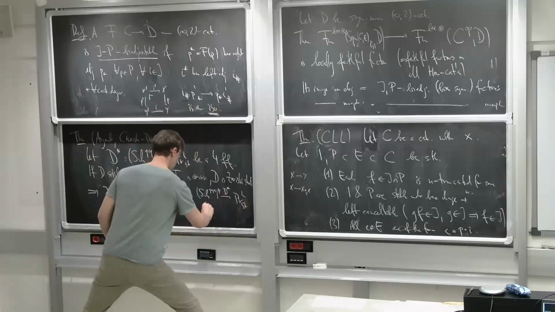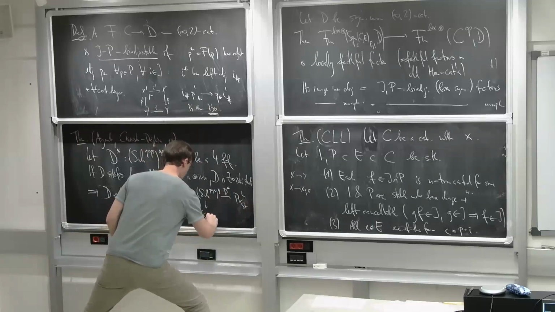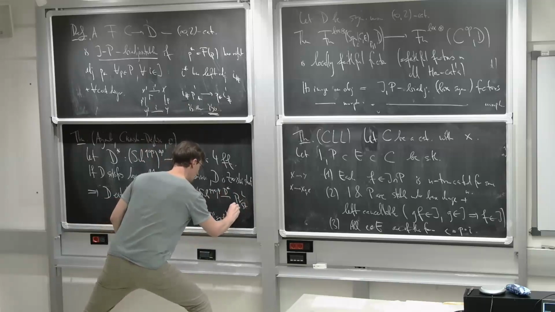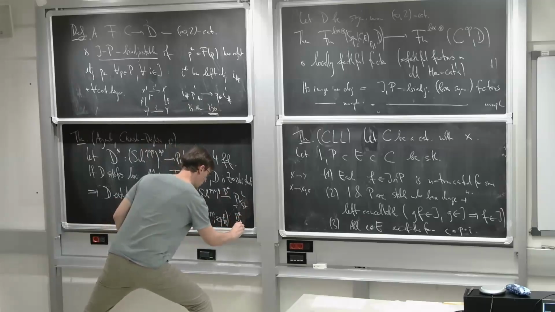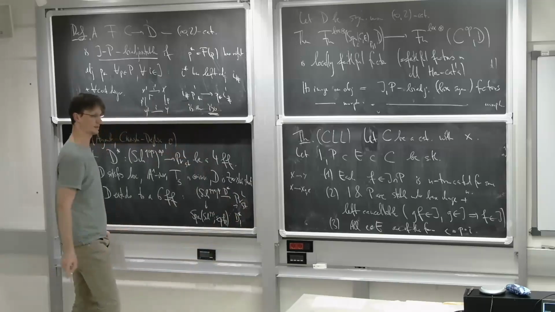Here we have this category of spans or correspondences on QCQS again. And here I will put these separated maps of finite presentation. And so there will be a functor, which I will denote D upper star lower shriek, that extends this. Okay, that's the statement.